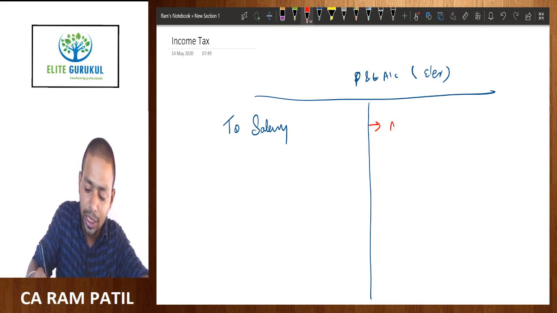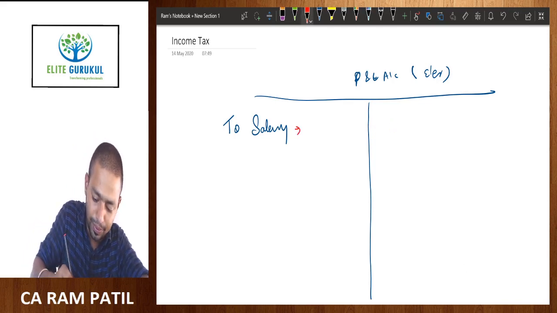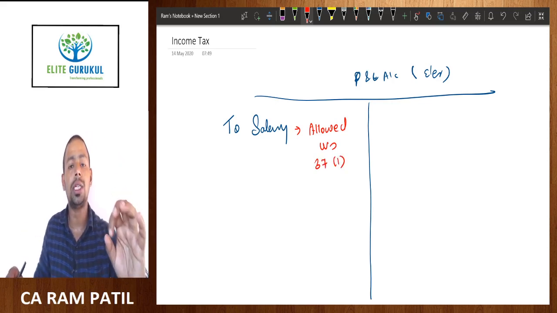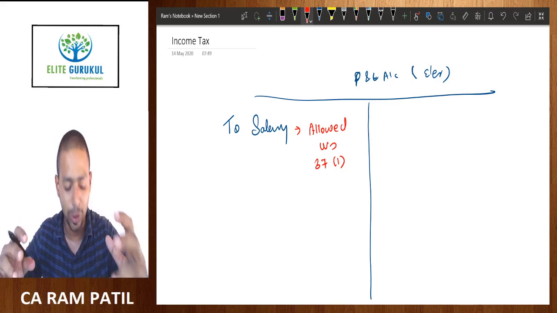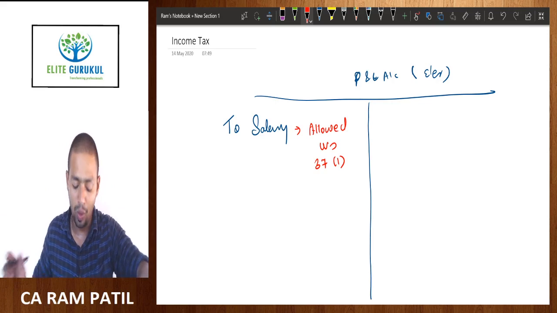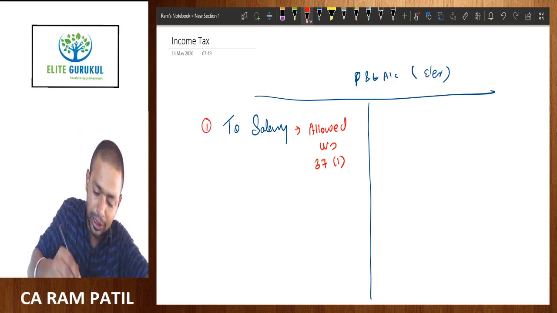Answer is yes, it is allowed as a deduction. Allowed under section 37 subsection 1 that we have already discussed. Any salaries, allowances paid by employer to employee should be allowed under section 37(1). This is the first expense.